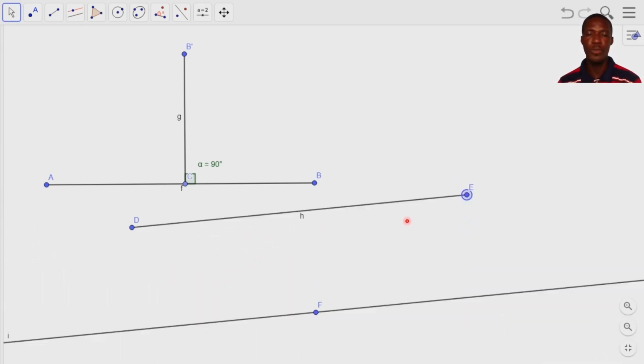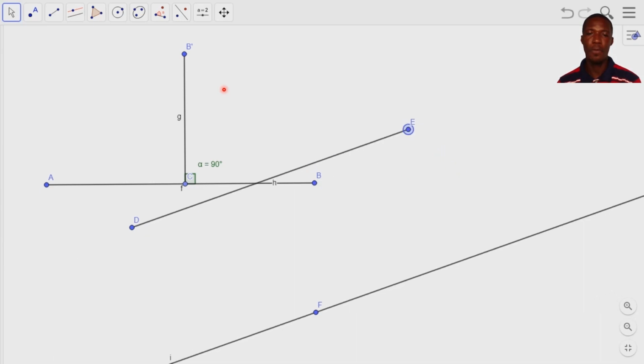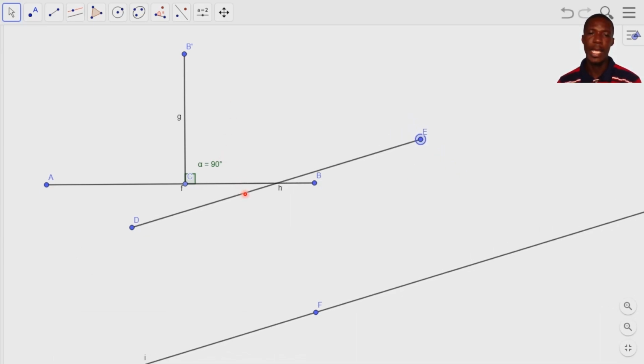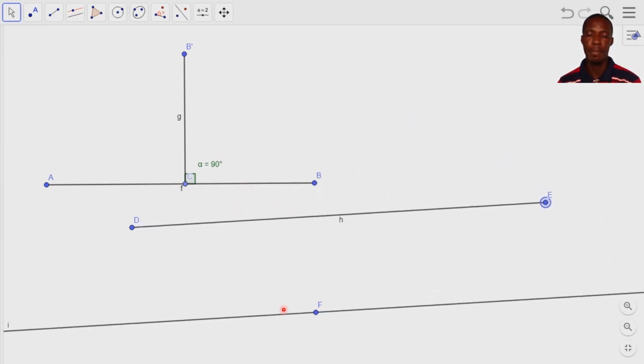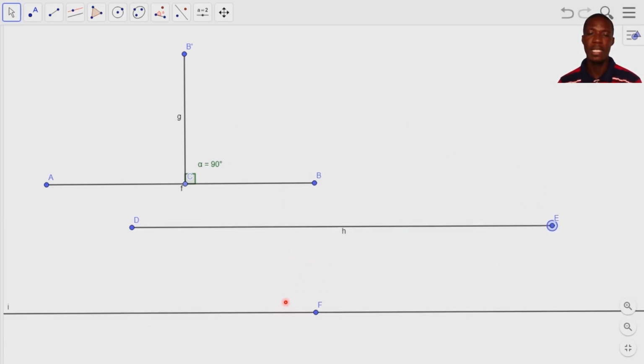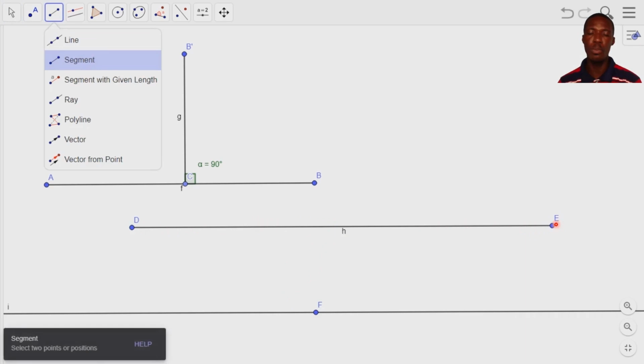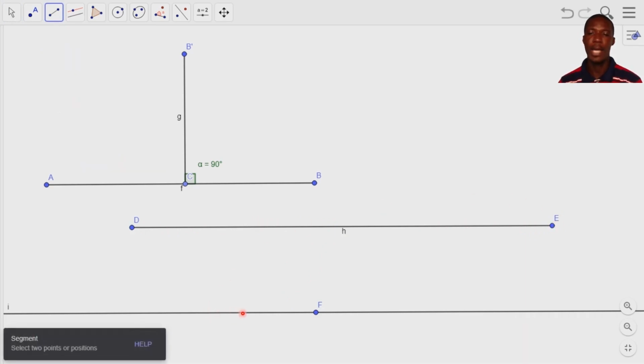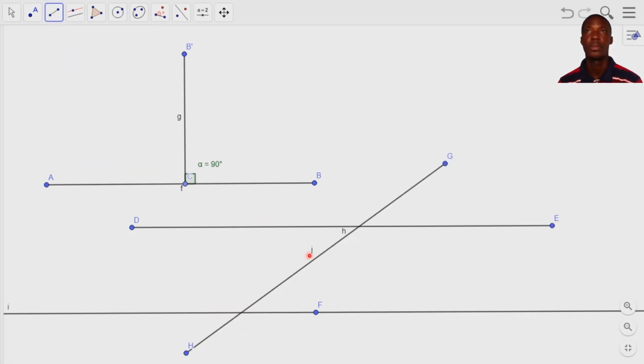And as one moves, the other one follows, maintaining equal distance between them, and also maintaining the same gradient. So in as much as the line DE moves, the other line also moves. They have the same gradient, and the distance between them is constant from end to end.